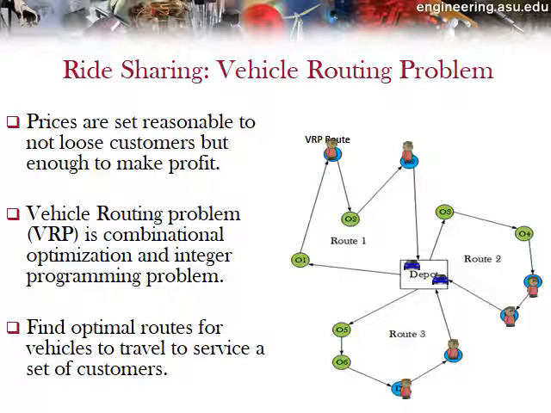So that's where supply and demand come into effect with the pricing. Here's another vehicle. It's picking up 2 passengers first, then delivering them, then going back to the depot. Then this one's picking up 2 passengers and delivering them, then going back to the depot.